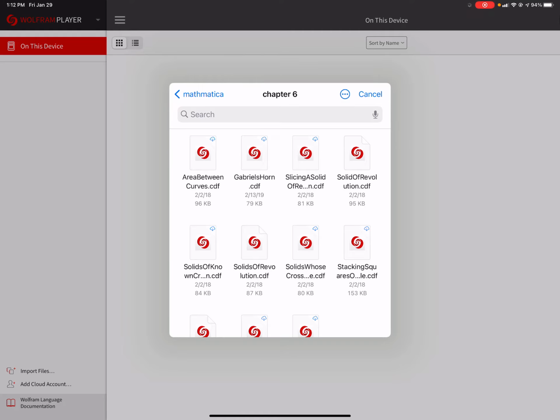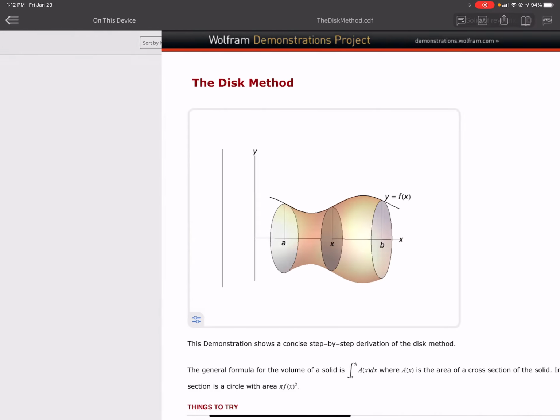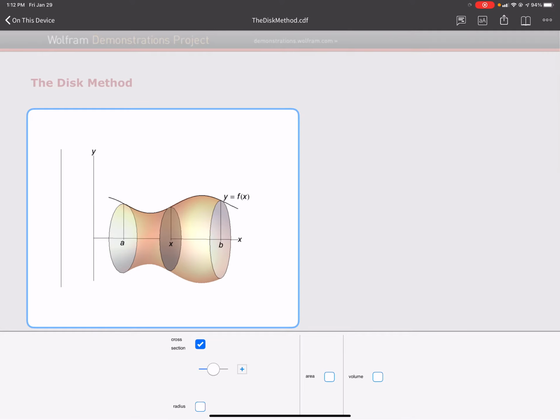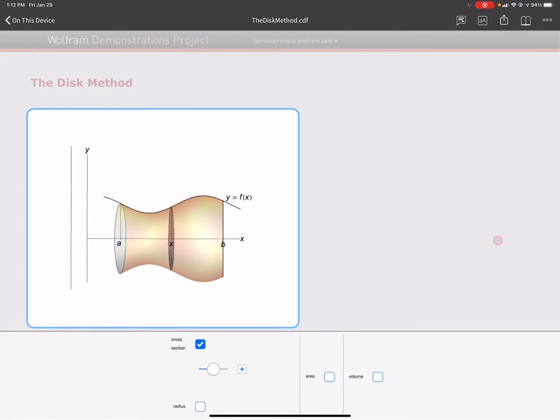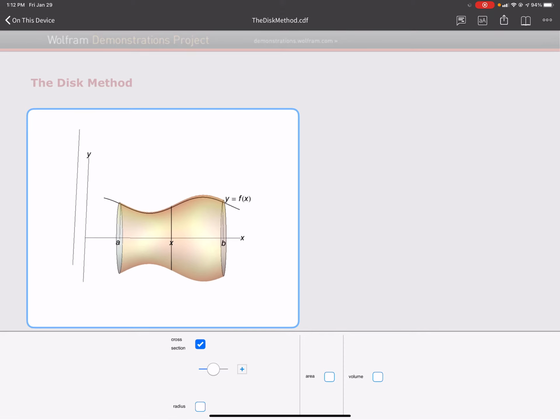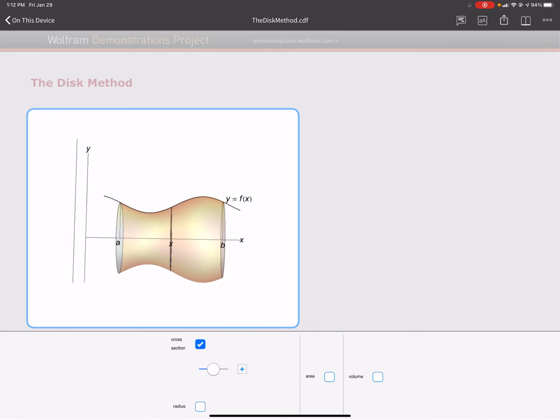But the last one is this one. Here is the connection. So we have a function f of x from a to b that's been rotated around the x-axis, and it produces this cool looking thing. Now, in the previous section, we added up the area of a bunch of rectangles, and we added it up by integrating.